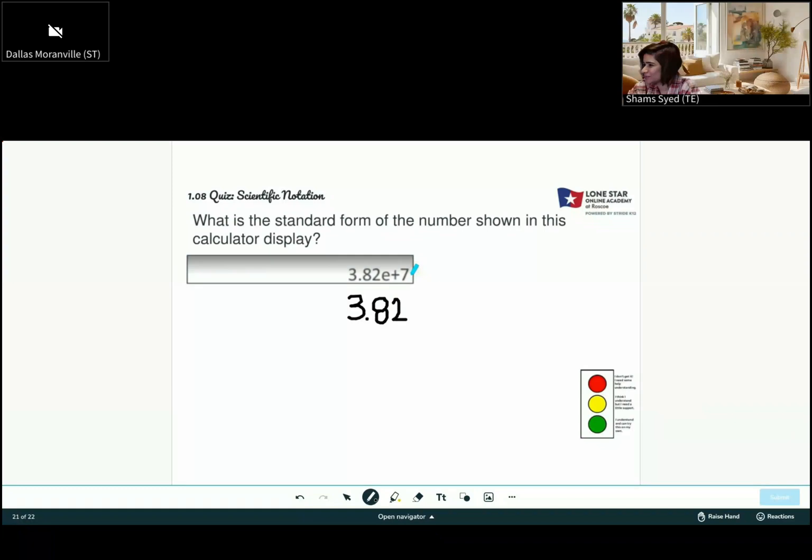And a positive exponent. Times 10 to a positive power of 7. Well, you guys know how a positive power will work. It will make a number big. Oh, I didn't put the 3. It's 3.82.